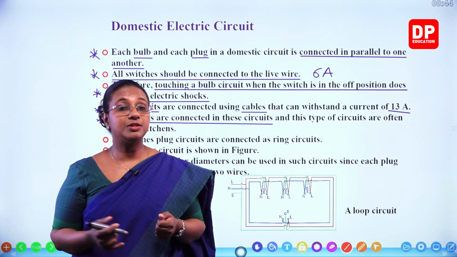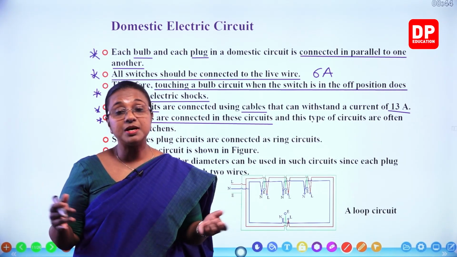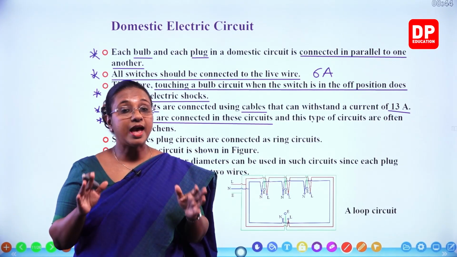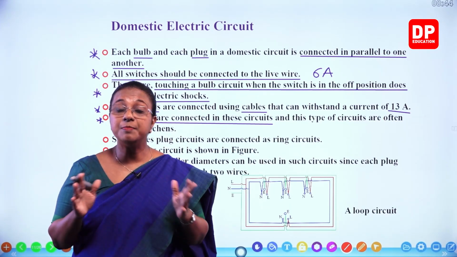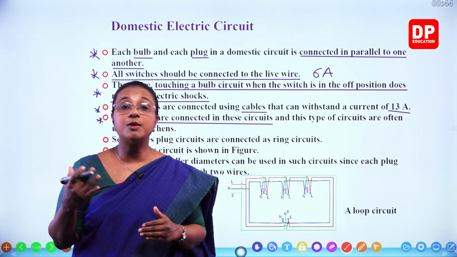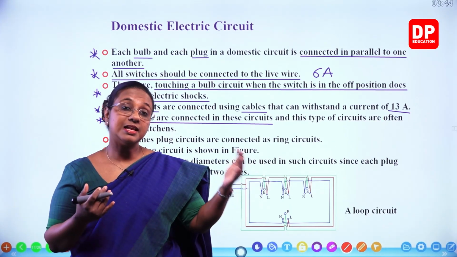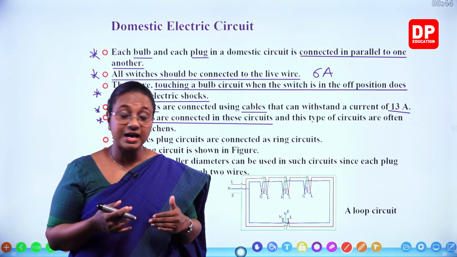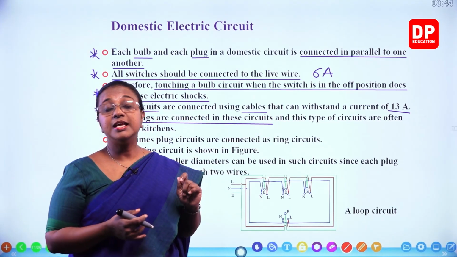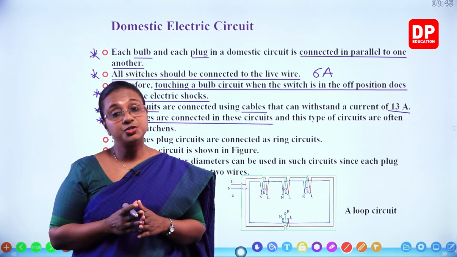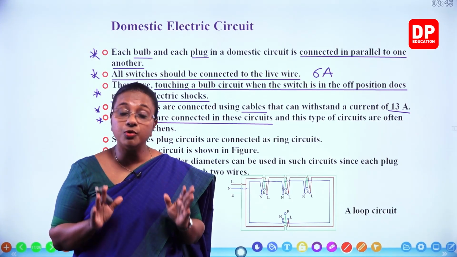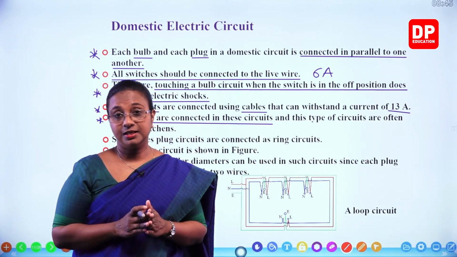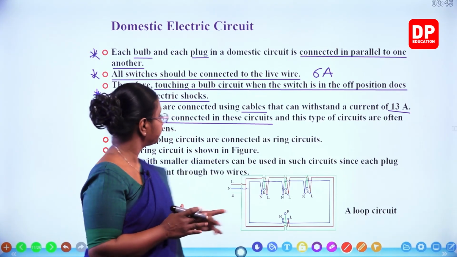So the light bulb can burn off or be damaged due to overheating. That problem will not be prevented, because light bulbs draw 6 amperes, which is less current compared to 13 amperes for the plug socket. That is why you have to only connect plug sockets to a plug circuit. You have to remember that.